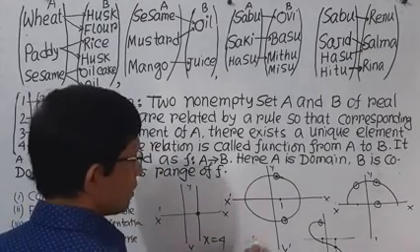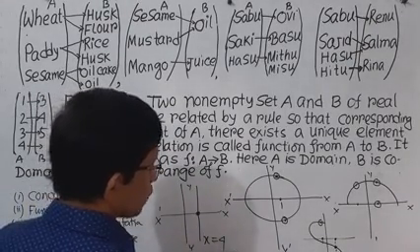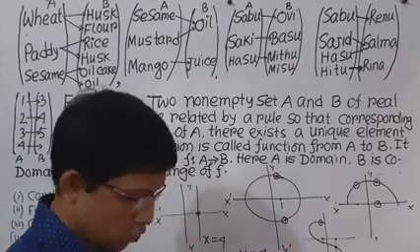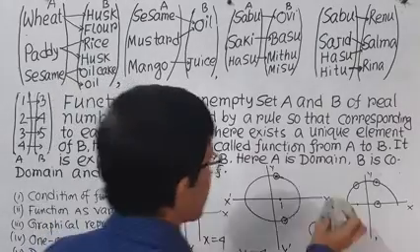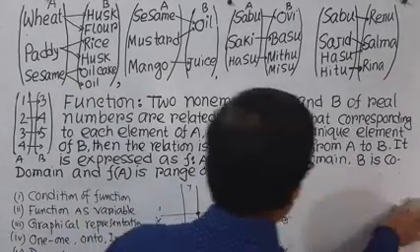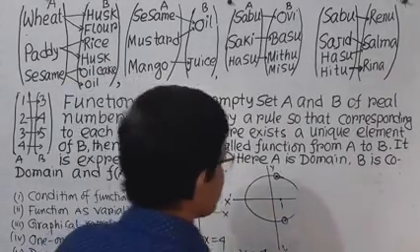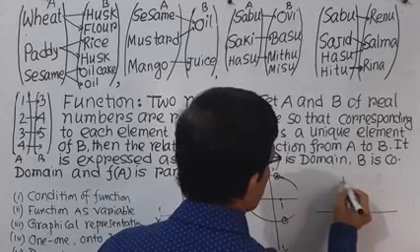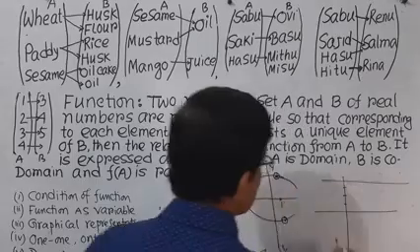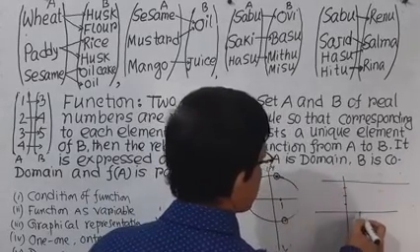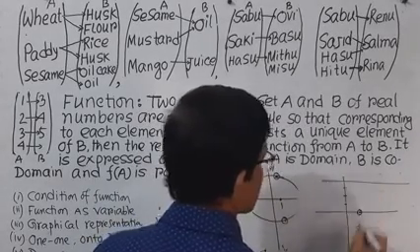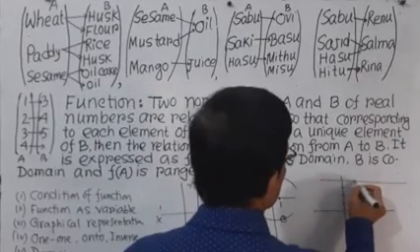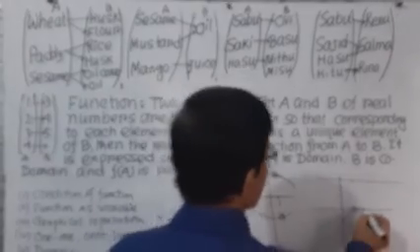Also, if you take y equal to 4, then what will happen there? Here, draw the picture. y equal to 4: 1, 2, 3, 4. This is the straight line. If you put any value of x, you will get only one value of y.